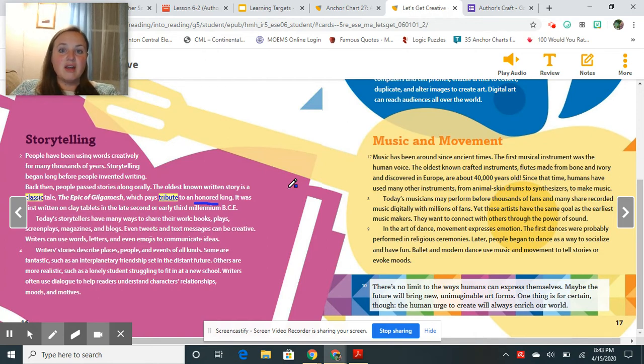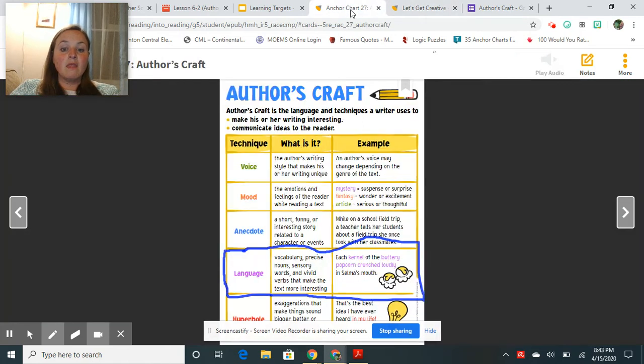So we want to think about why an author chooses the words that they do. So what I'd like you to do right now is you're going to reread this article. And as you do, you're going to underline words that you think help you understand the text. So you're going to be looking for words that go along with the author's craft of language.